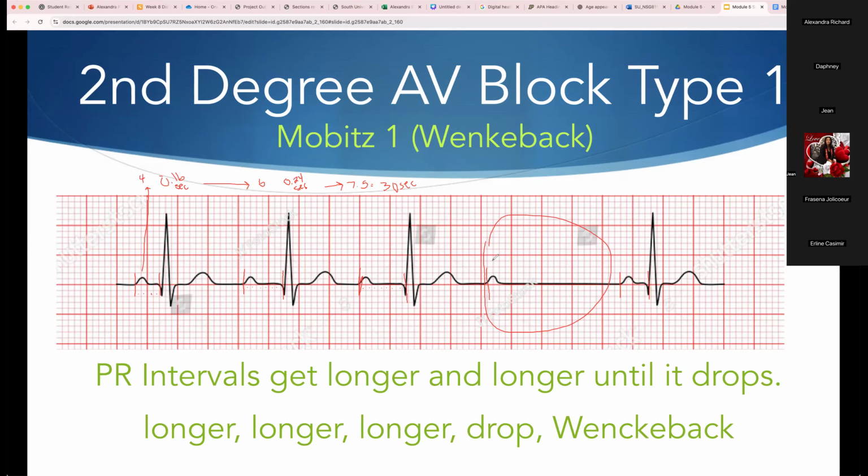So you're like, wait, and what does the P wave represent? The P wave represents when the atria contract, right? And the QRS represents when the ventricles contract, and then the T wave represents when the ventricles relax.